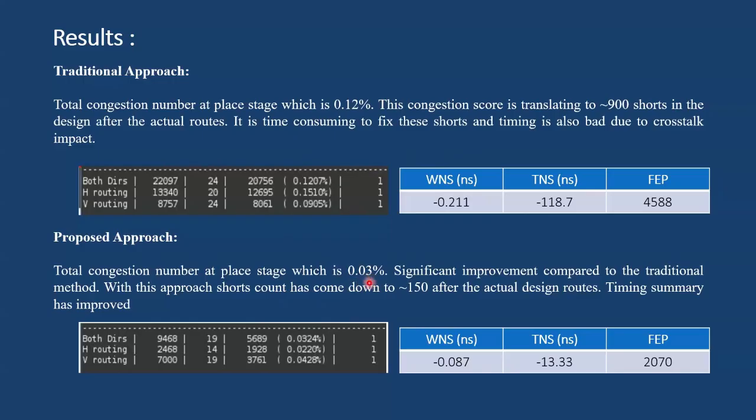After the routing of the design, we see it has come down to 150 shots, and the DRC count has significantly come down. And if you see the timing summary, the WNS has come down to 87 PS now with 13 NS of total TNS, and the number of paths which we have to deal with has come down more than 50%.